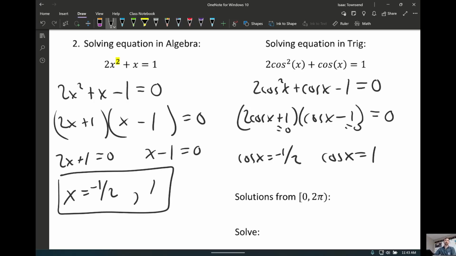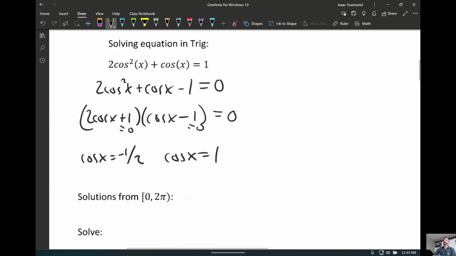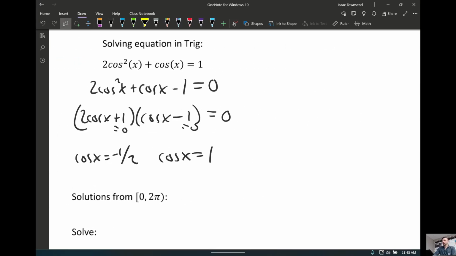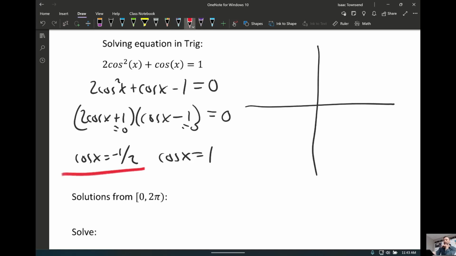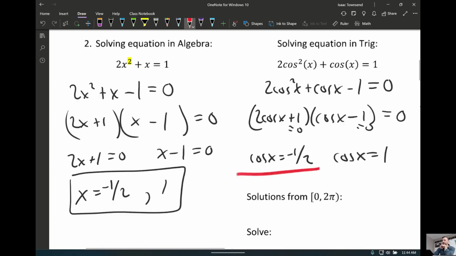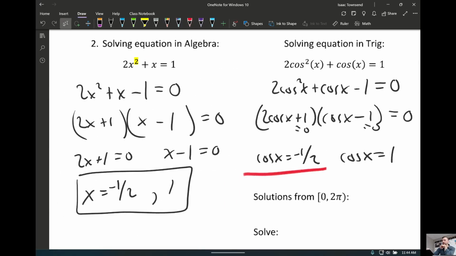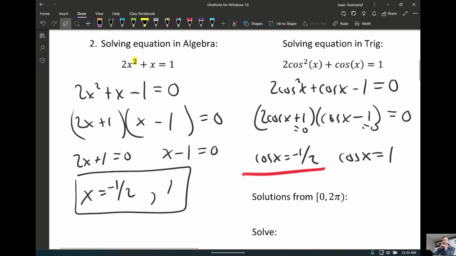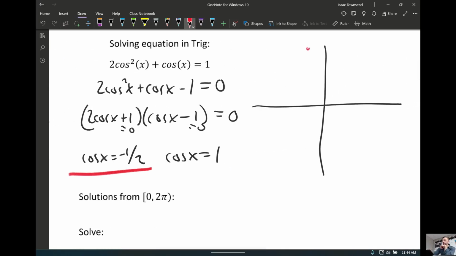What is different, and where you need to put some focus because this is not consistent, is now we need to apply this to the unit circle and think about when is cosine negative 1/2. Okay, so when is cosine negative 1/2? And when is cosine 1?